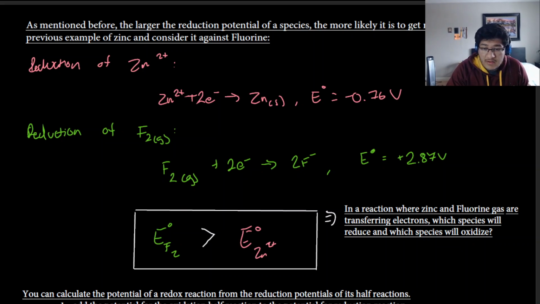And so, in a reaction where zinc and fluorine gas are transferring electrons, fluorine gas is going to be the one that reduces. And since it is going to be reducing, that means that Zn, or zinc metal, zinc solid, will be forced to oxidize.